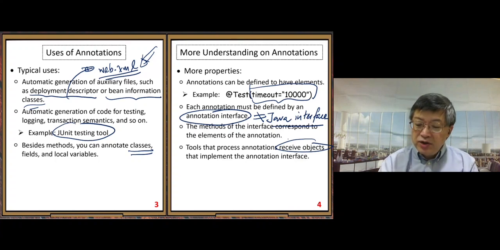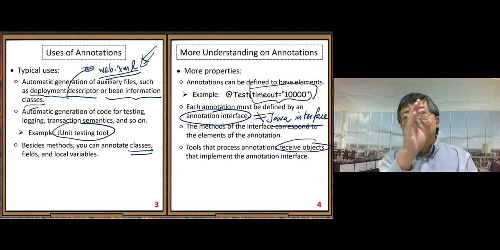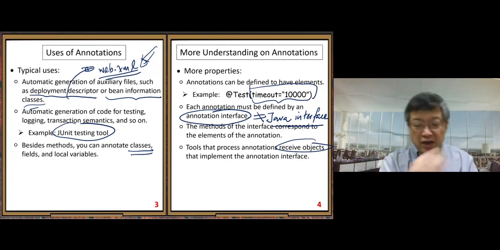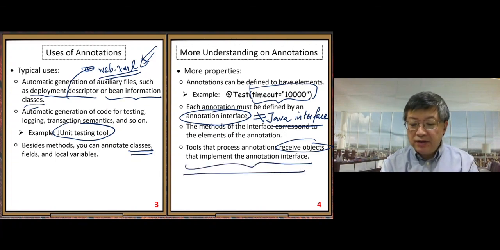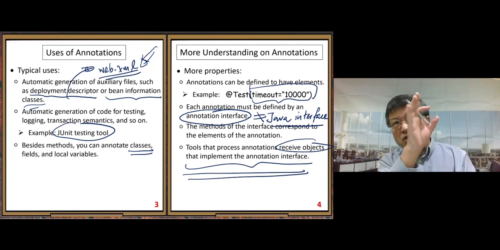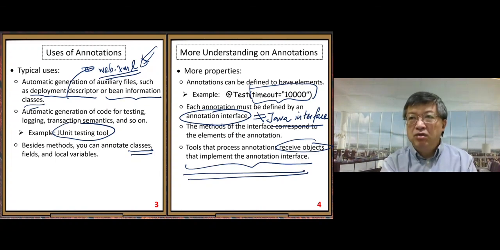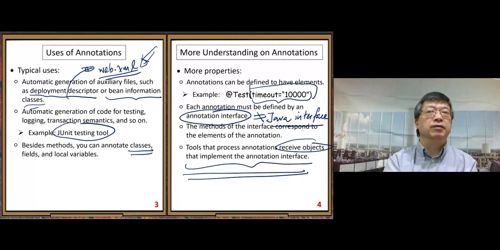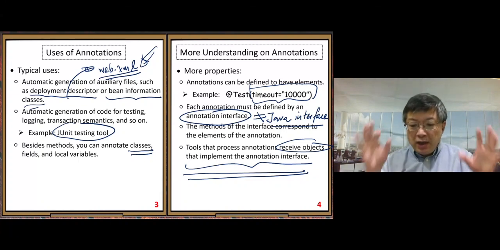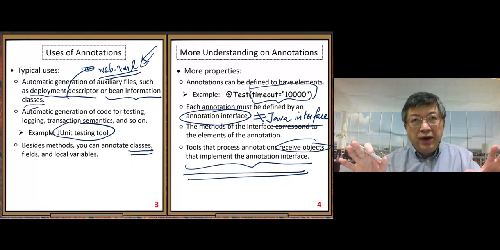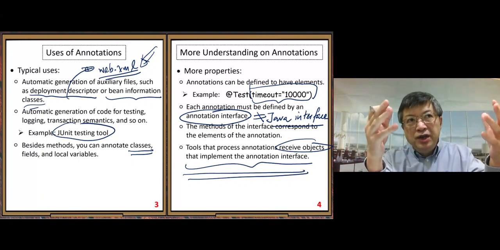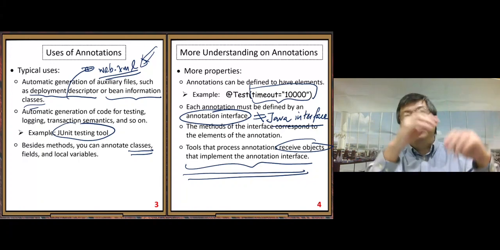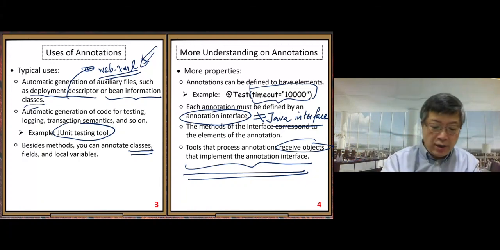From the words used, receive objects, you can see the annotation tool developers do not need to implement this. Some special mechanism is responsible for creating this kind of thing. All right, so let us finish this video here, and in part C, we will learn more annotation knowledge.